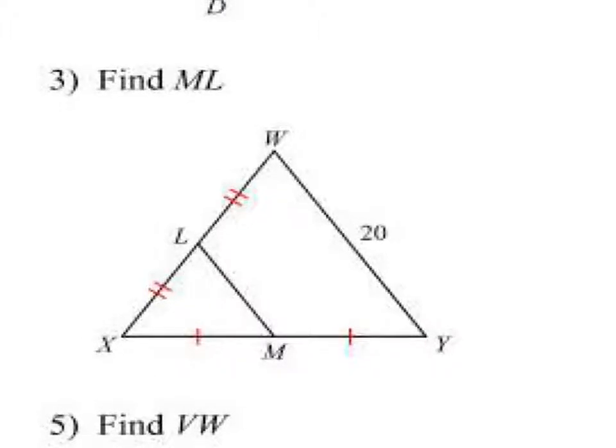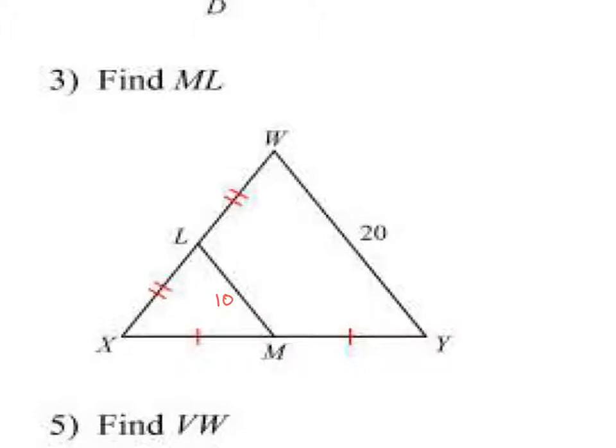Okay, number 3, we're looking for ML. ML is another midsegment, so it's going to be half the third side. The third side is 20 again, so ML is going to be 10.